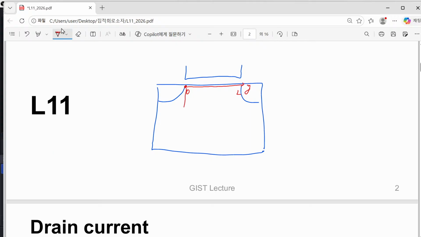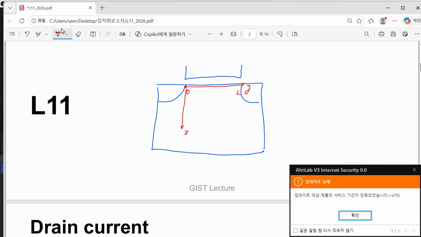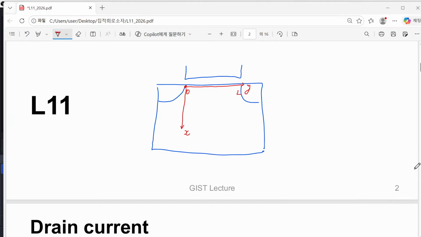And we also have another axis corresponding to x, the vertical direction. It starts, not exactly starts, but its interface starts at 0 and goes down into the deep substrate, up to positive infinity, and we can find the gate at x equal to minus t ox.